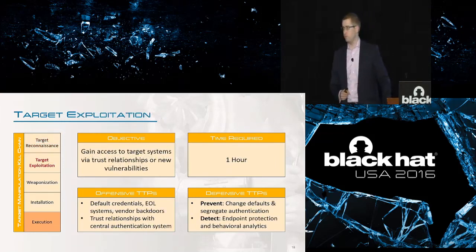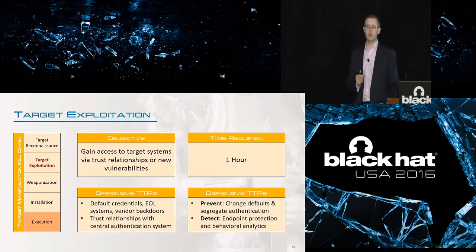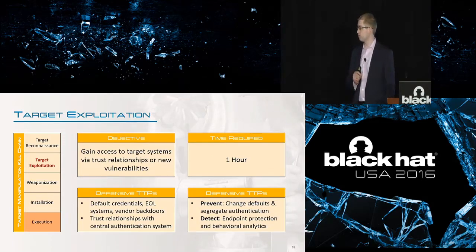Target exploitation. We list the time required here as 1 hour because when you get to this stage, you already own the enterprise. In most cases, there is not sufficient segmentation between the authentication systems for the enterprise and for the high-value assets. When there is, it drastically increases this time. So sometimes it's default credentials.